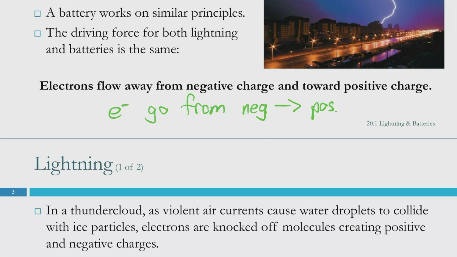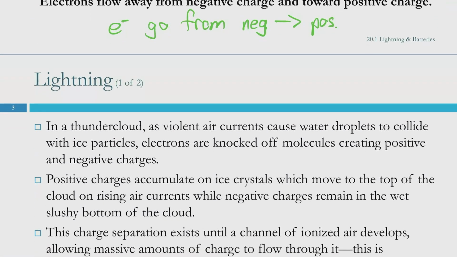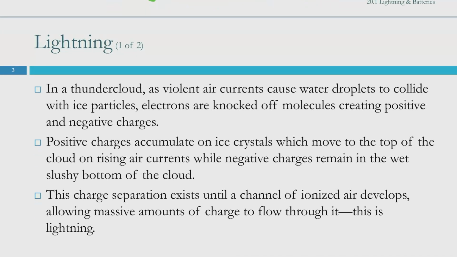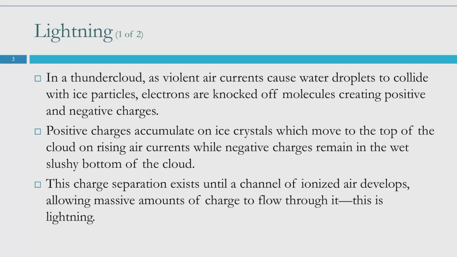The way that lightning works is in a thundercloud, there's lots of air that's moving around, and that can cause water droplets to collide with ice particles. Electrons get exchanged. It's basically a lot of small events of friction, like static electricity buildup, and it creates positive charges and negative charges, and those separate out.